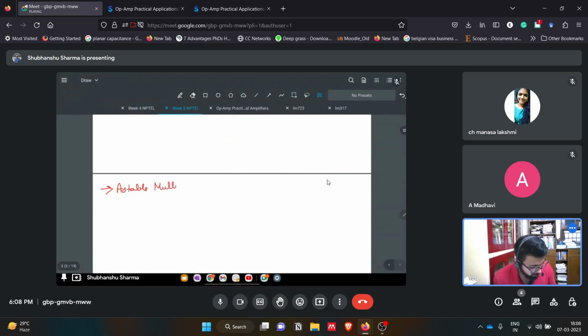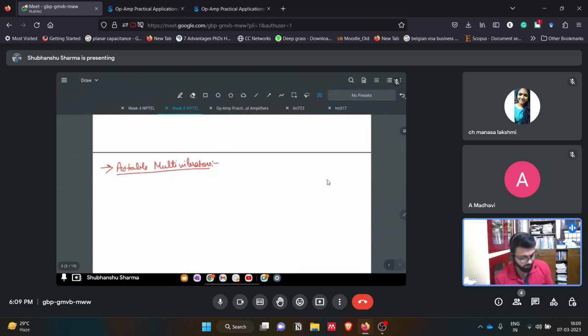Astable multivibrators. As we know, these kinds of op-amps use positive feedback. But why do we call them astable multivibrators?